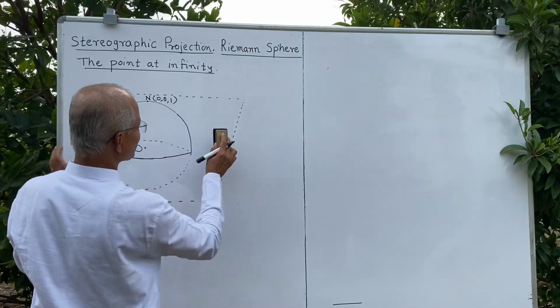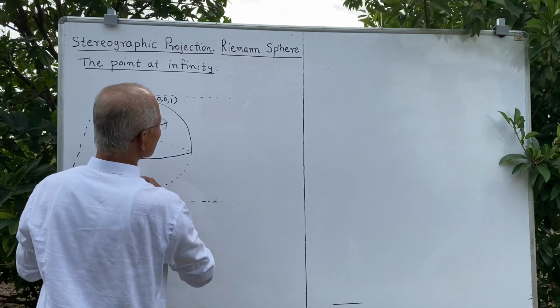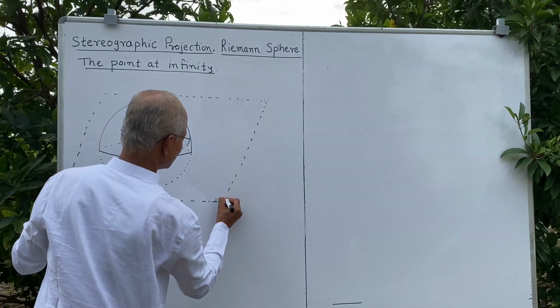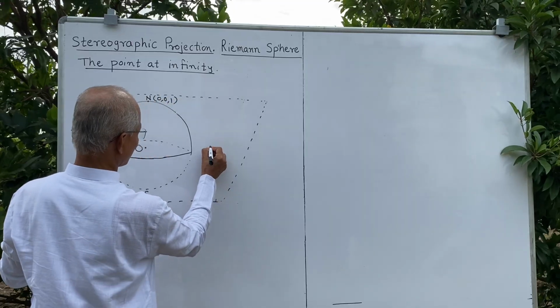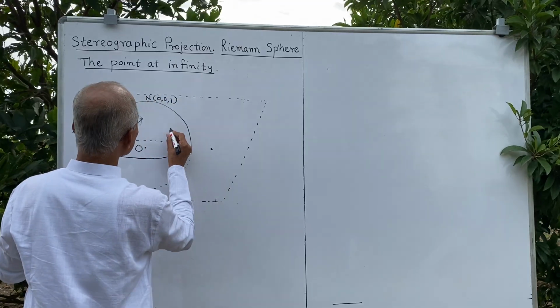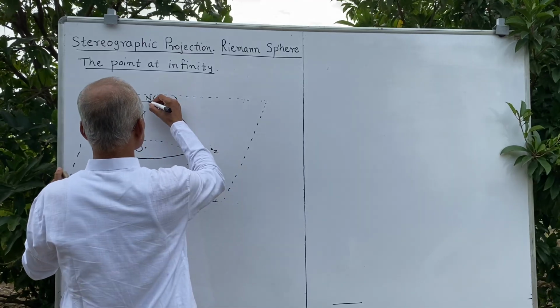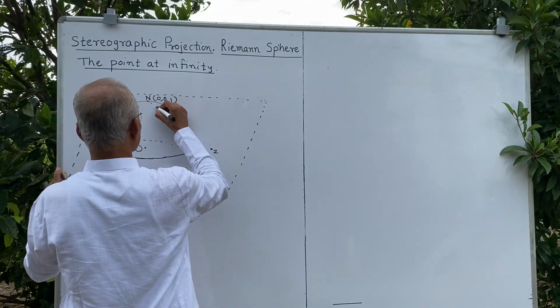Suppose this is a point z. Then we have to draw a line passing through this point z and joining this north pole N.